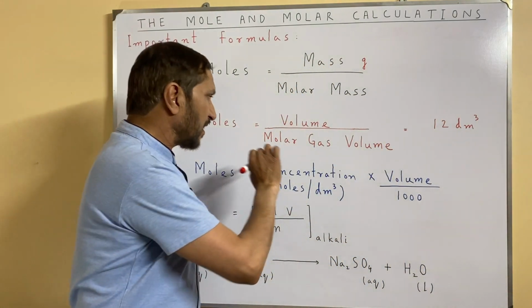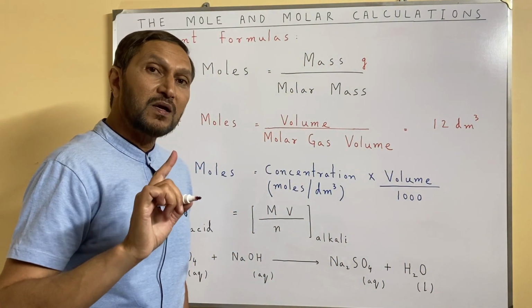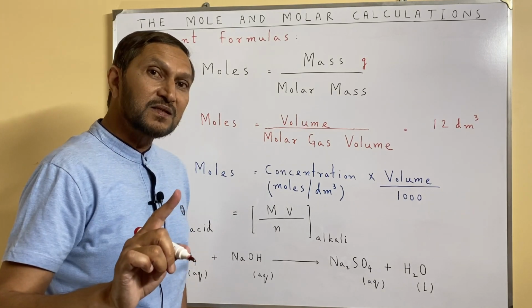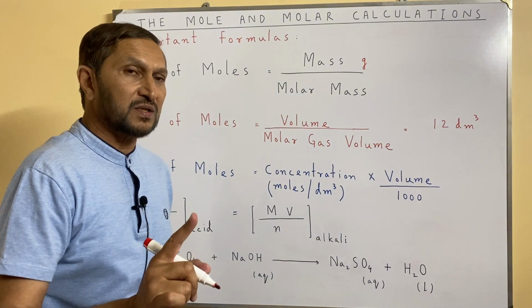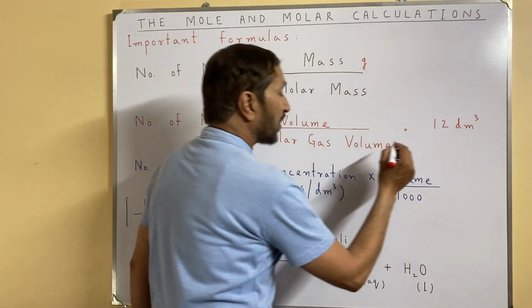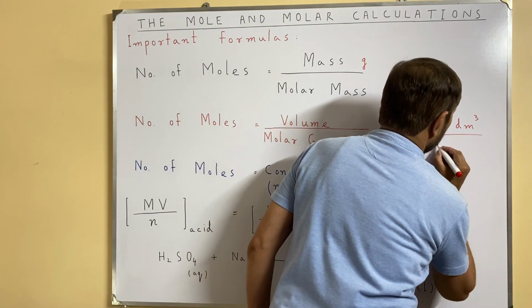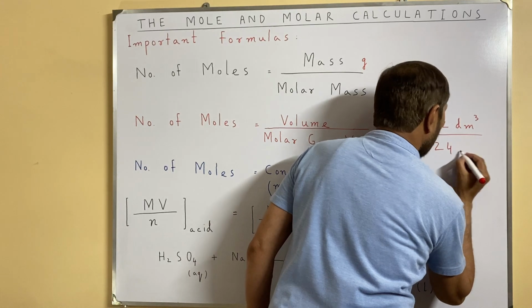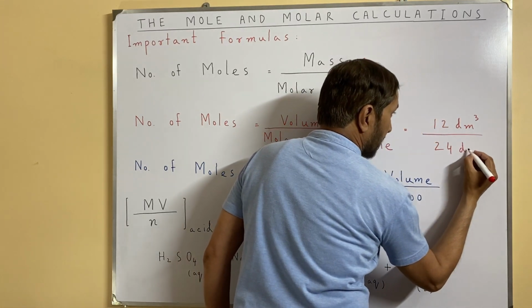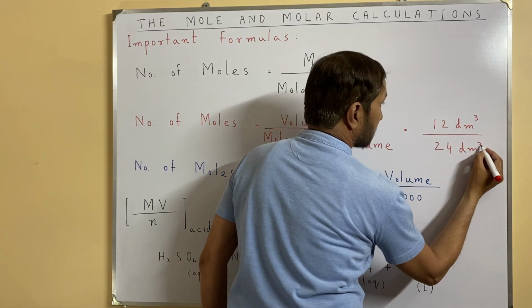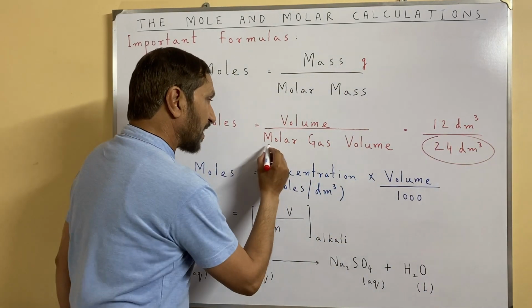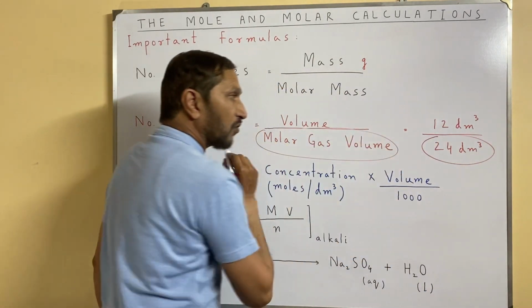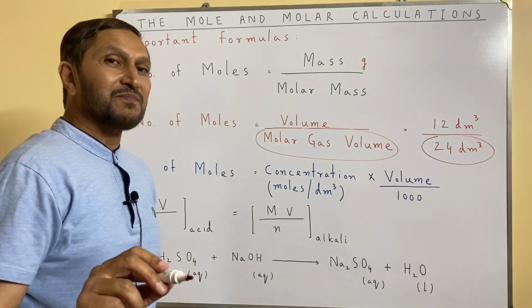The molar gas volume of all gases at room temperature and pressure is a fixed amount, that is 24 cubic decimeter. That's a fixed value.